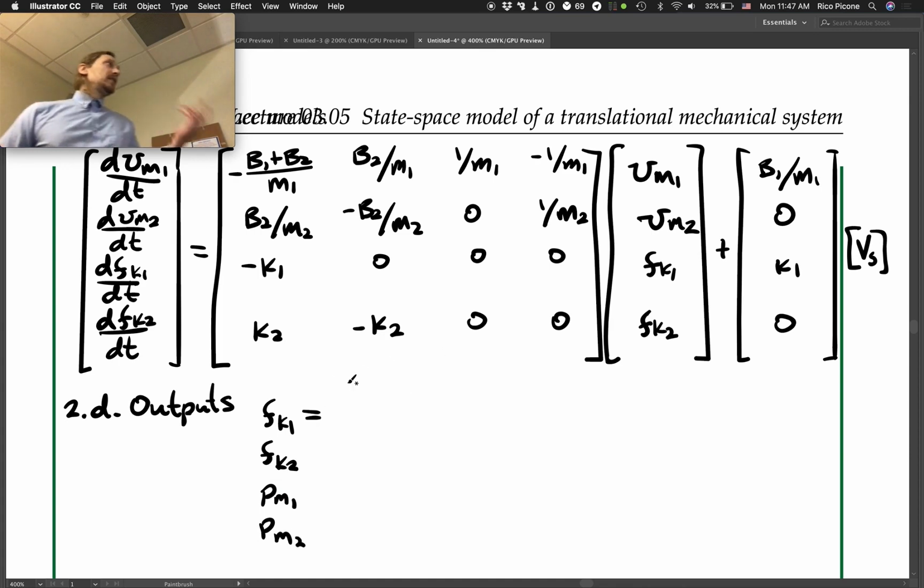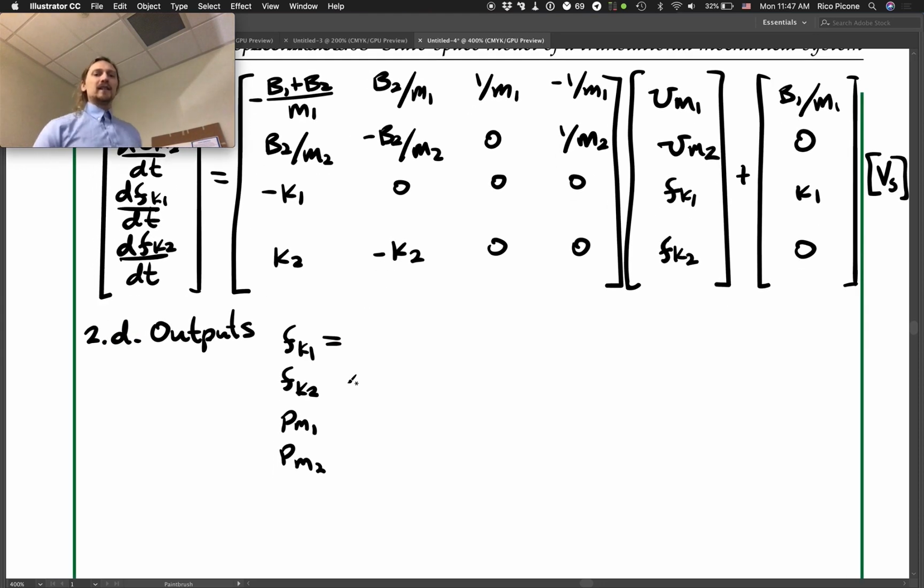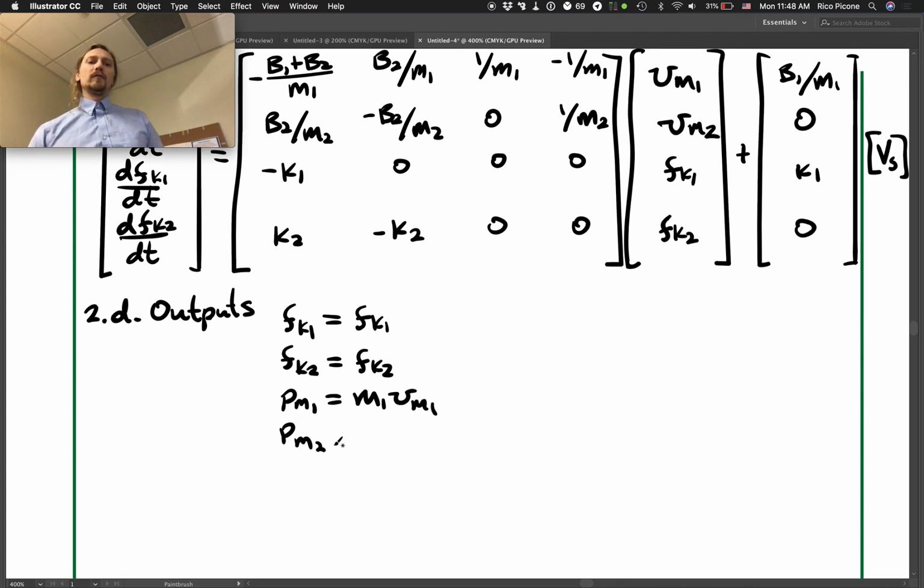So Fk1 is already a state variable, right? So that one's pretty easy. Fk1 just equals Fk1. Fk2 is also a state variable. Pm1 is the momentum of mass 1, which is just equal to the mass of mass 1 multiplied by the velocity of mass 1. And the velocity of mass 1 is a state variable, so we're good.